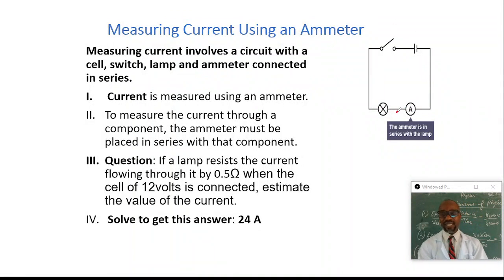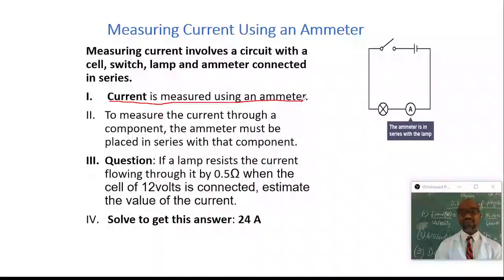We must understand that to measure the amount of current flowing in an electric circuit, you must connect the ammeter in series with the lamp, so that as soon as the switch closes, energy is supplied to the lamp, and the amount of current flowing will be measured by the ammeter. Current is measured using an ammeter, all right?